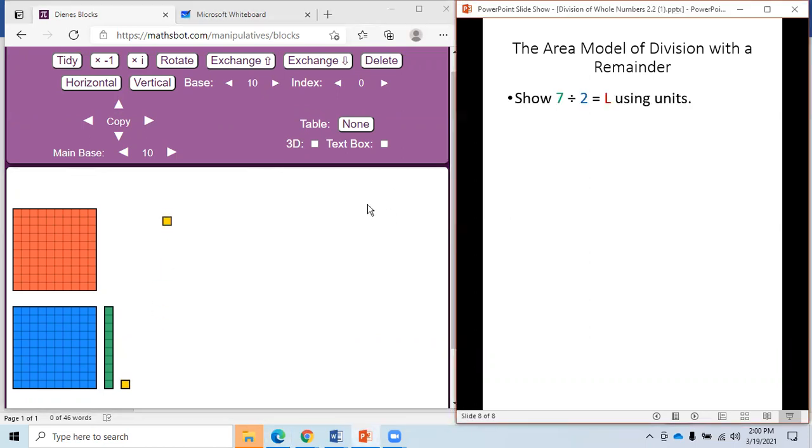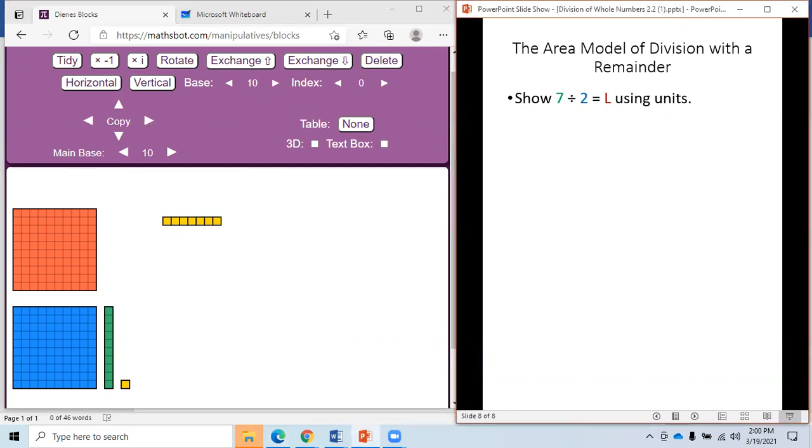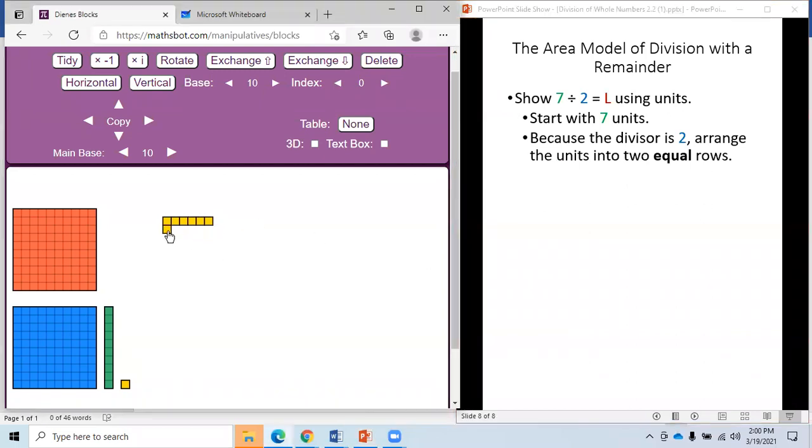So let's look at 7 divided by 2. Okay, I'm starting out with 7 blocks or 7 units. Because the divisor is 2, I'm going to arrange my units into 2 equal rows. But look, my rows aren't equal.